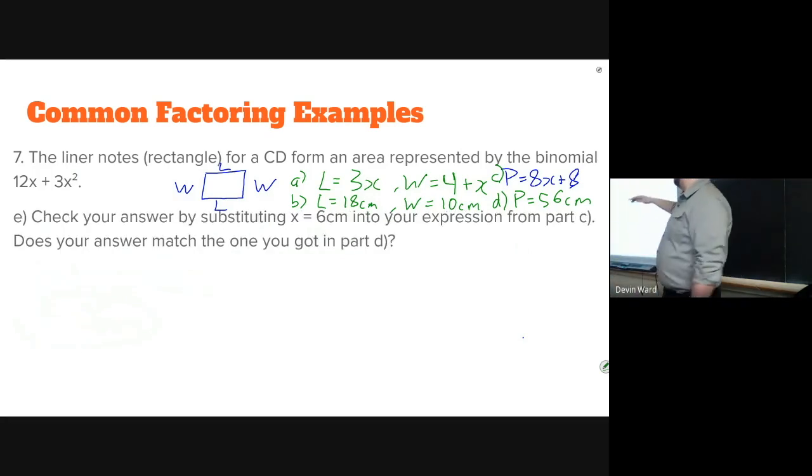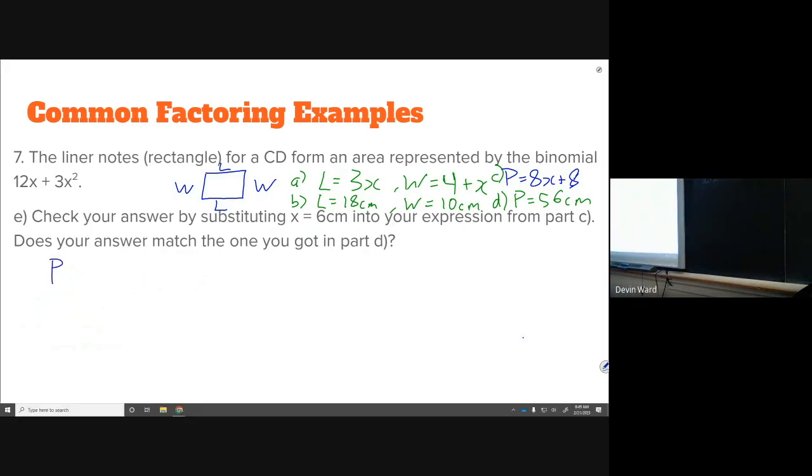We want to check our answer by subbing in x equals 6 centimeters into the perimeter equation that we came up with in part C. And then it should match what we got in part D. We found that P equals 8x plus 8. That's what we found in part C, right? So now we're going to sub in that x equals 6 again into this equation and make sure that it equals 56, what we found in part D.